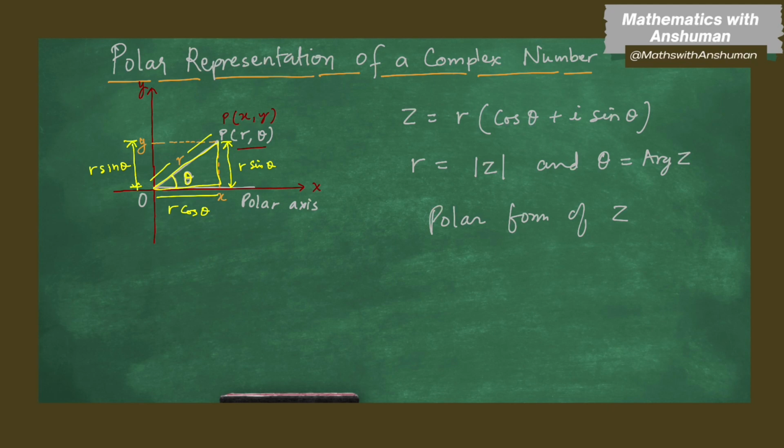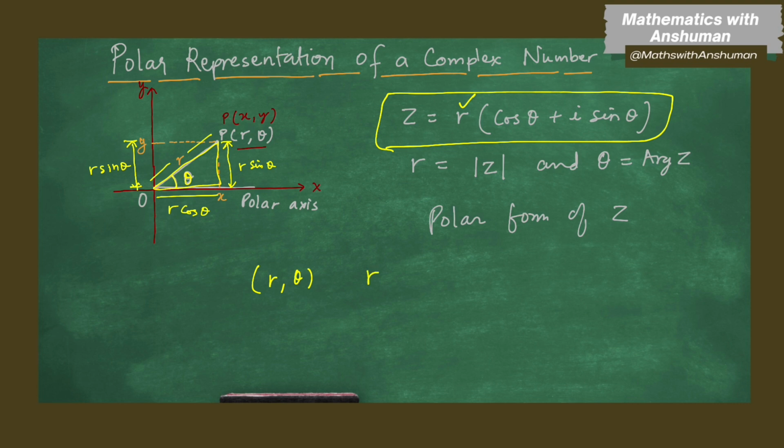So we can represent a complex number in the polar form by writing the radial part r multiplied by cos theta plus i sin theta. If you want to become more mathematical, we can say that polar coordinates are something like (r, theta), where r is greater than or equal to 0 because r is the distance, and theta lies between pi and minus pi.